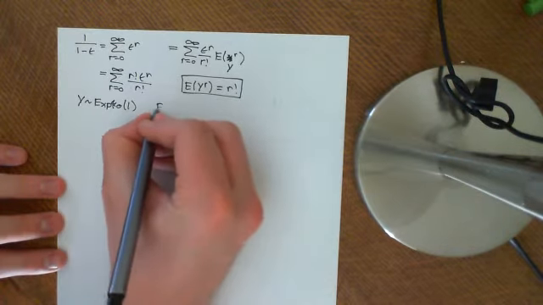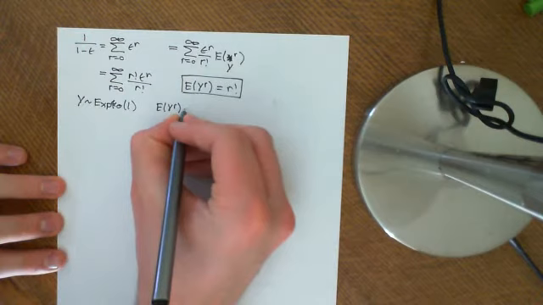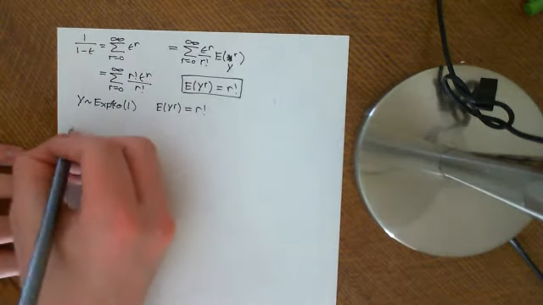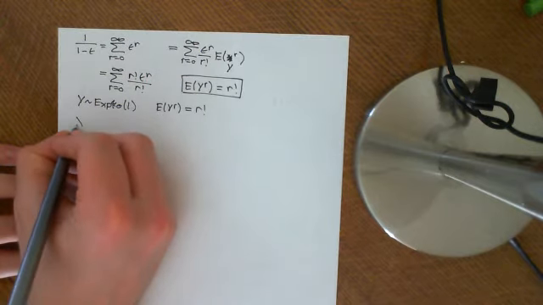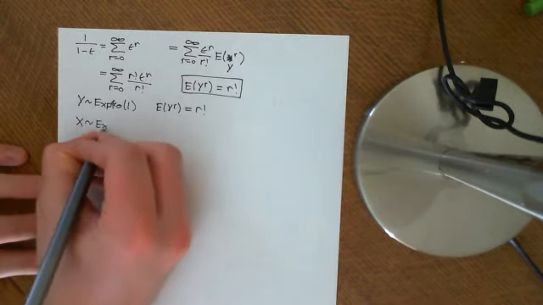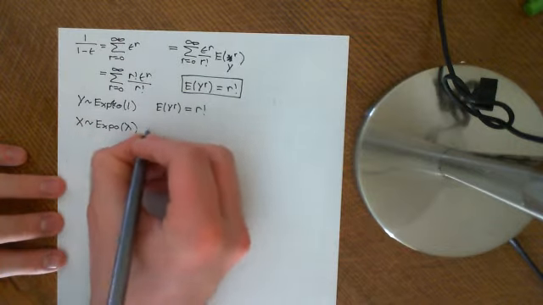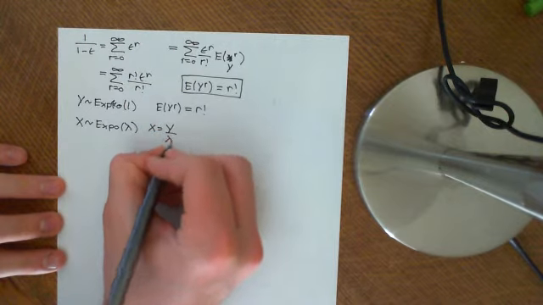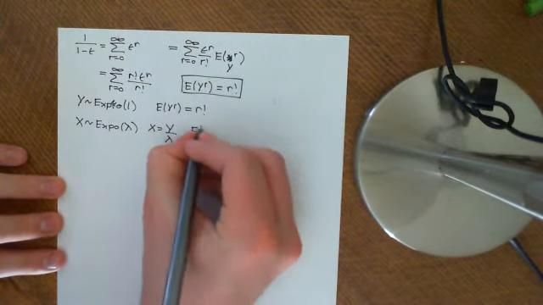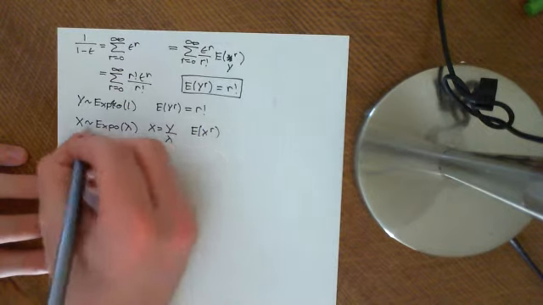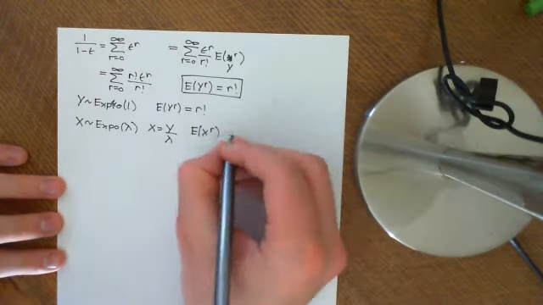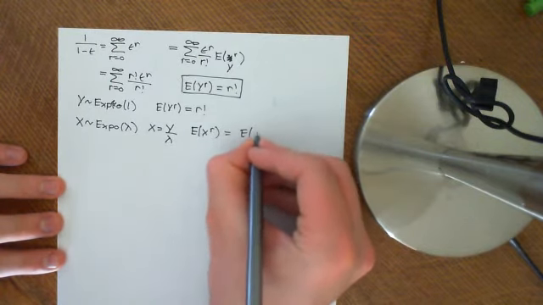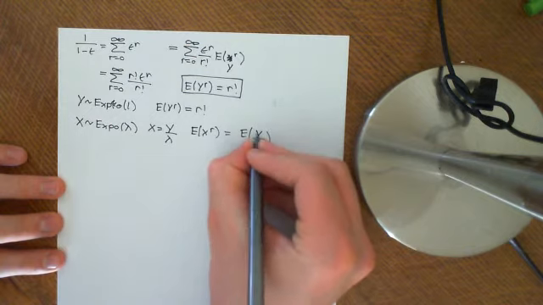We now know that E of y to the r, the rth moment of the standard exponential distribution, is equal to r factorial. So now we want to use this to calculate: if x is exponentially distributed with parameter lambda, then we know that x is equal to y divided by lambda. We would like to calculate the rth moment of this general exponentially distributed random variable. Well, we can just fill this in and we'll get the expected value of y over lambda to the r.